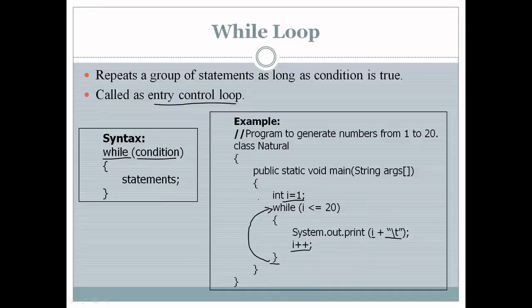Like this, the loop is executed 20 times, and when the value of I becomes 21, the condition becomes false. 21 is not less than or equal to 20, and at that point, when the condition is false, it will simply come out of the loop and go to the statement after the while loop.